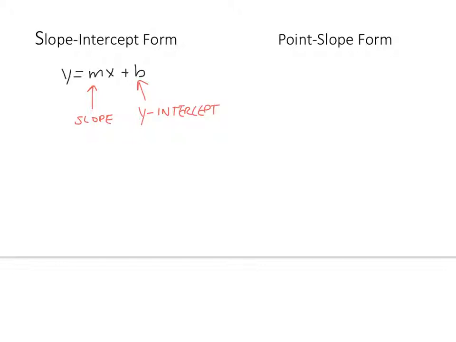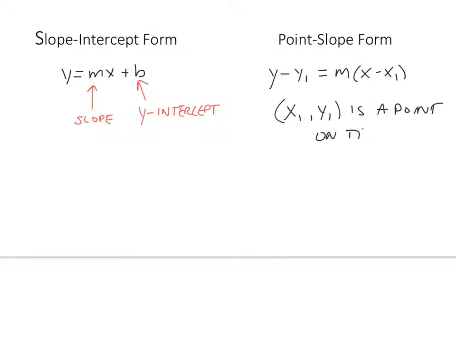Point-slope form, on the other hand, is something that, like I said, can be useful more for calculus, and what we're looking at is y minus y1 equals m times x minus x1, and x1, y1 is a point on the graph of the line.